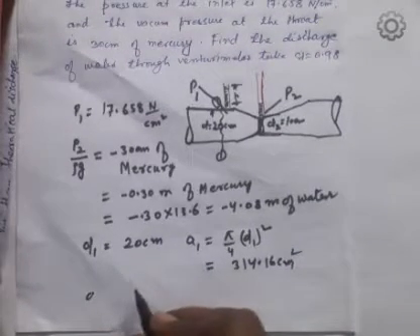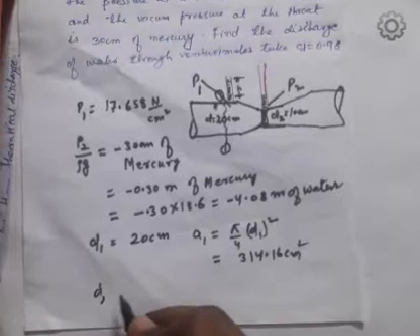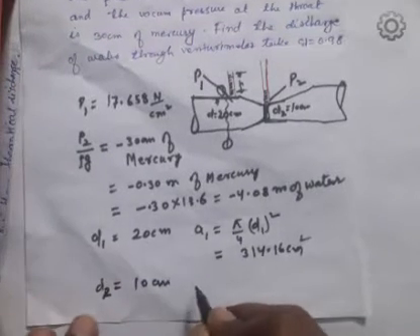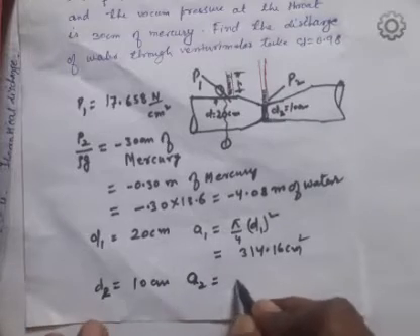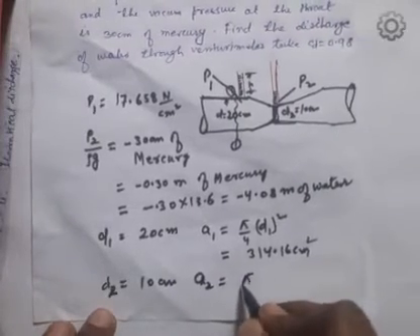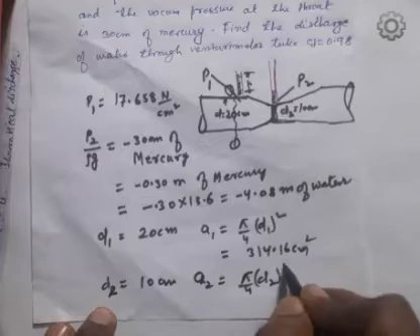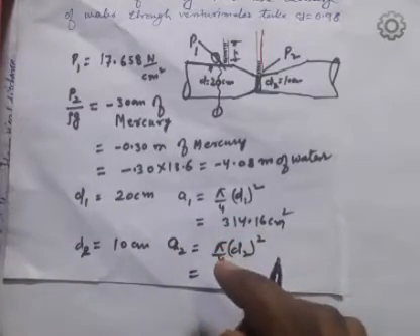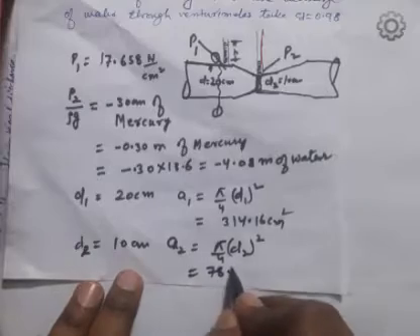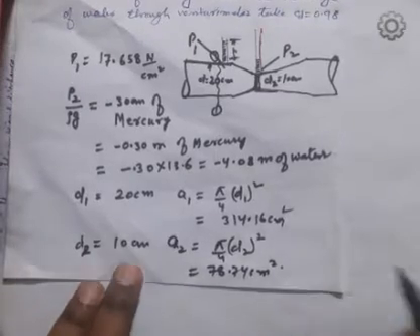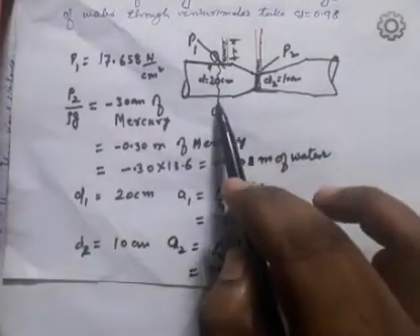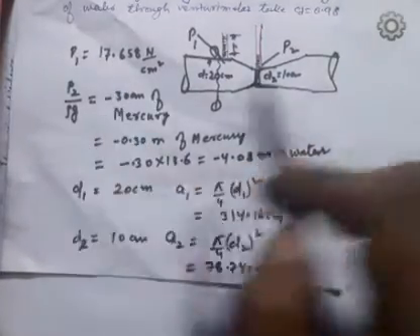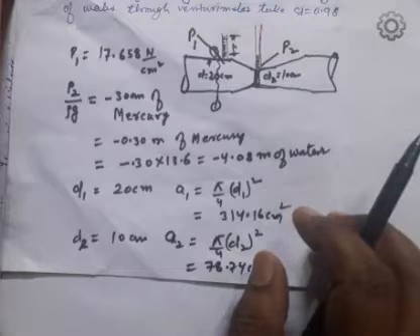Similarly, the diameter at the throat, D2, is 10 centimeter, so the area at the throat is pi by 4 D2 whole square. By putting this value, we get the area 78.74 centimeter square. So we have found the area of cross section at both sections, and P1 and P2 we also know.